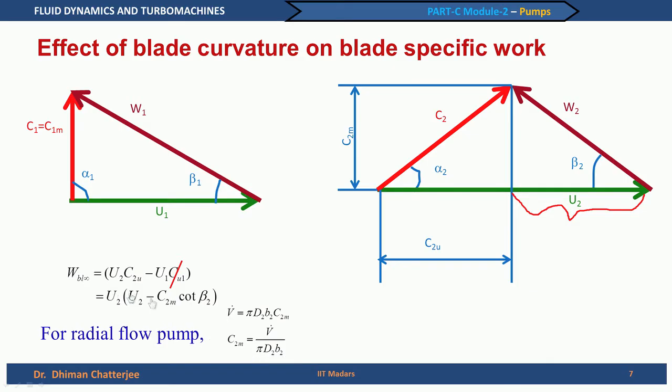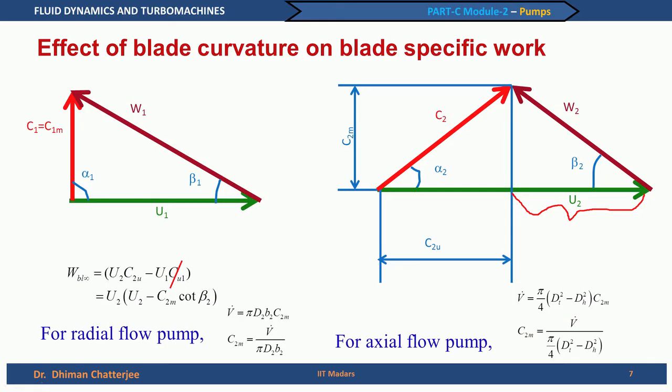Since it is a Vane congruent flow, I do not have to worry about the blockage because of the blade thickness. If in real life you have a blade thickness, then that can also be accommodated suitably, as we have discussed in the last lecture. And for an axial flow, we can write that V dot is pi by 4 tip diameter square minus hub diameter square multiplied by C 2 M, and we get C 2 M is V dot by pi by 4 d t square minus d h square.